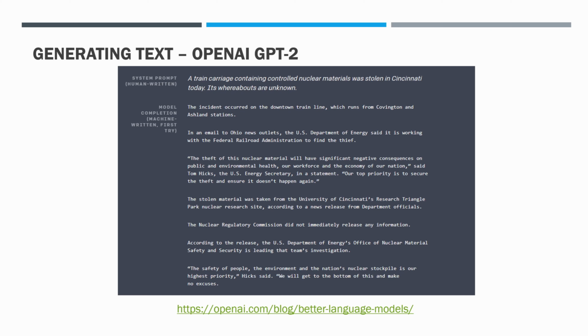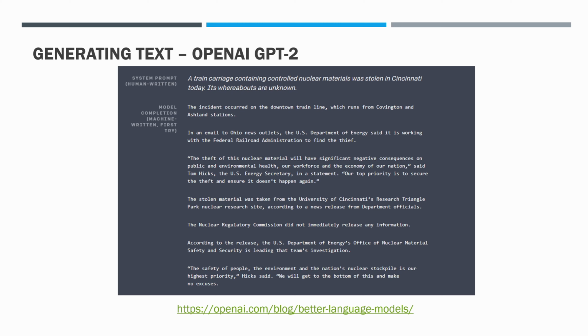As discussed earlier, the capabilities of generative adversarial networks are not limited to images. So here we can see a result of a model called GPT2, which is built by OpenAI, that is able to generate text based on the same concepts of GANs.